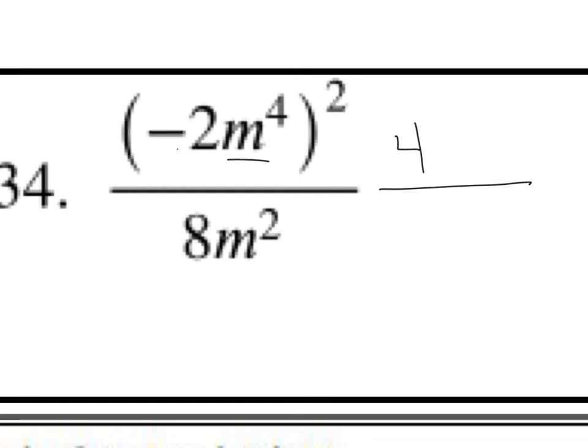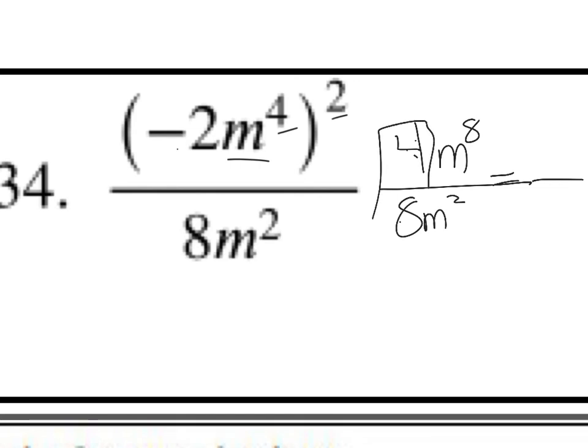All right, an m to the 4th squared. Multiply your exponents. Now 4 and 8, 4 divided by 8. Well, 8 can't go into 4, but I can simplify this fraction. 4 will go into 4 one time. 4 will go into 8 2 times.